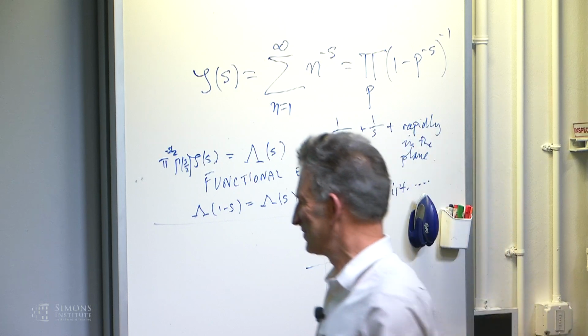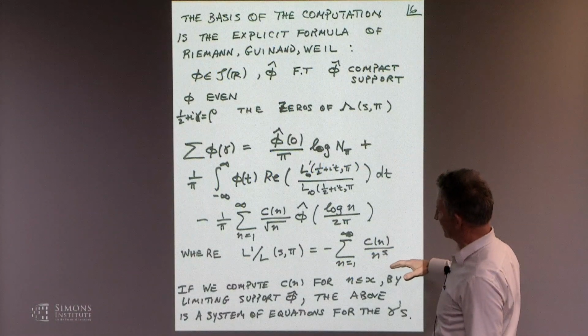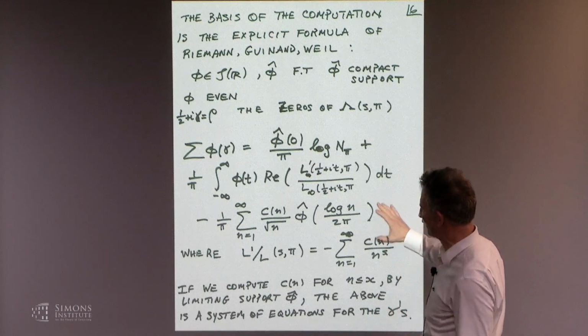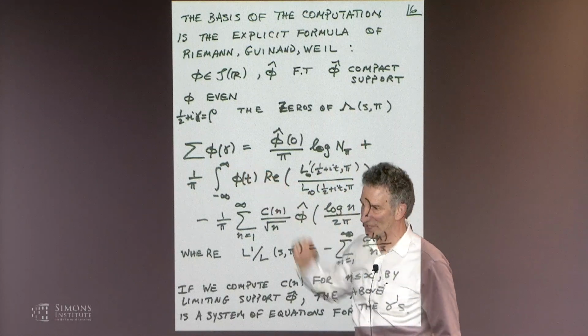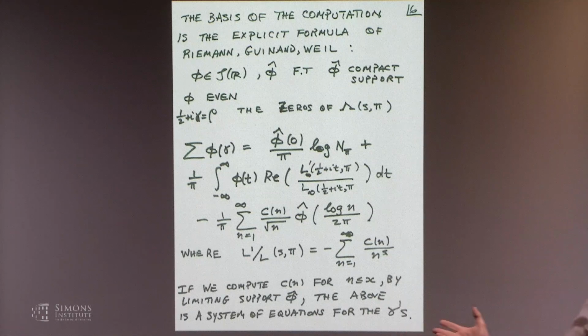Keep that in mind. Our idea for many years, but it took us at least 3 years to realize that there's a conspiracy against us, was simply to treat this as a system of nonlinear equations for those gammas. Write down many equations, ask the machine to solve these equations and get the zeros.